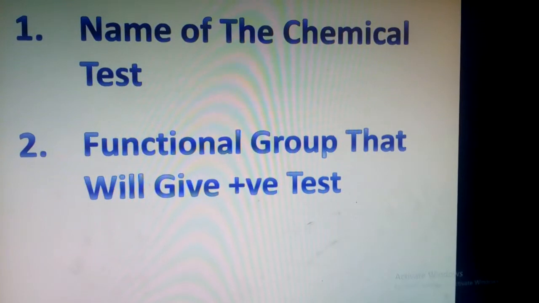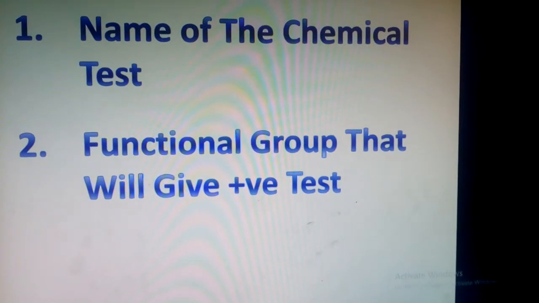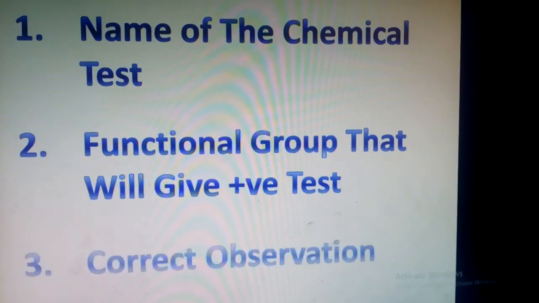Second is which functional group will respond positively, means give observation with that in the test. And third is the correct observation like color or smell. And finally you have to write the equation also for the functional group that gives positive test.